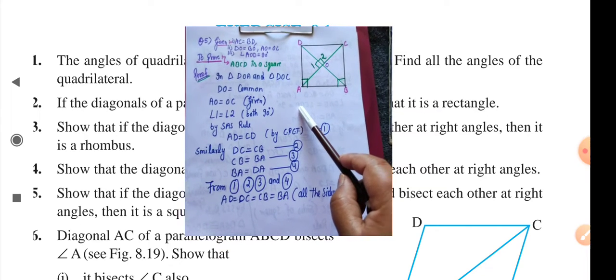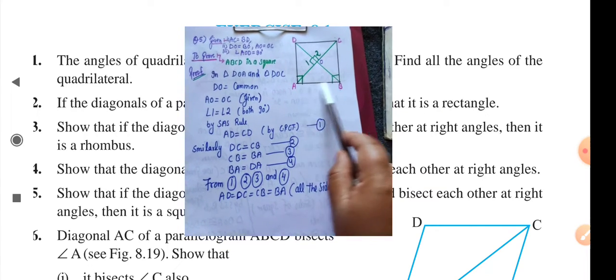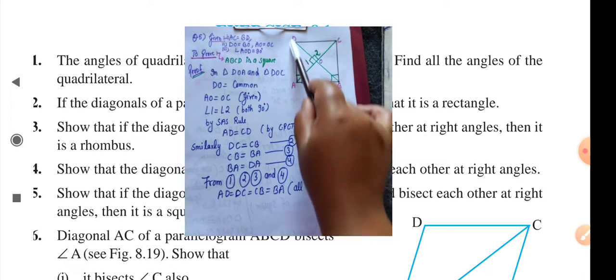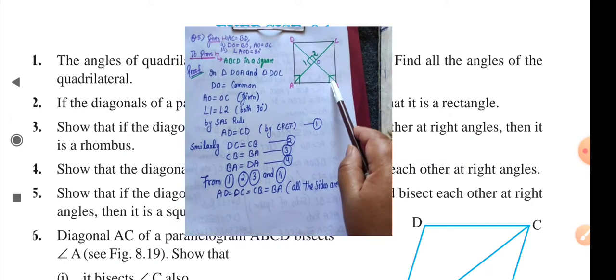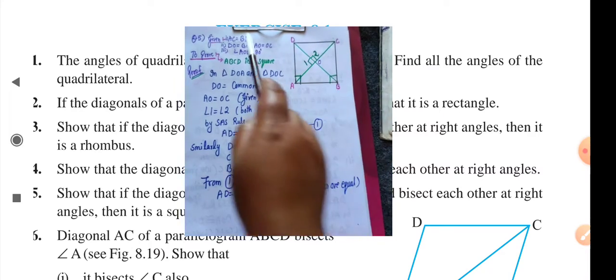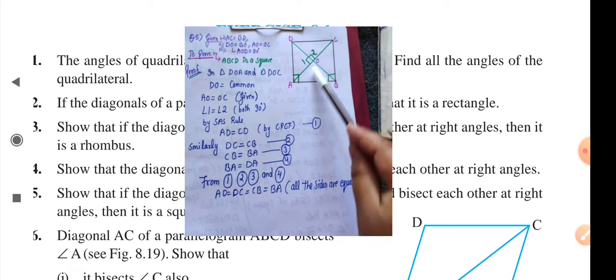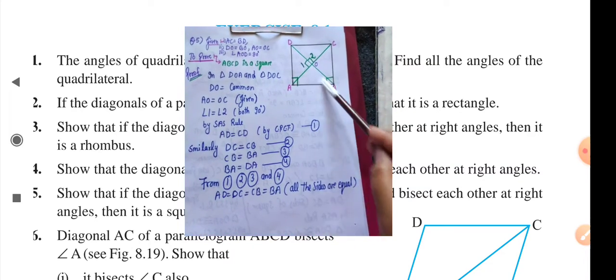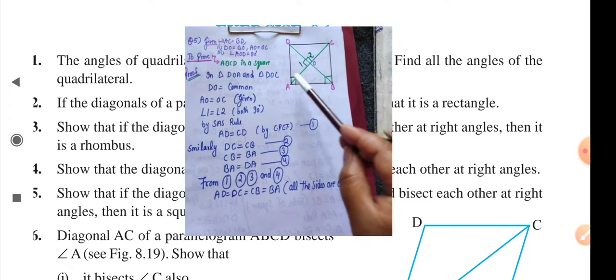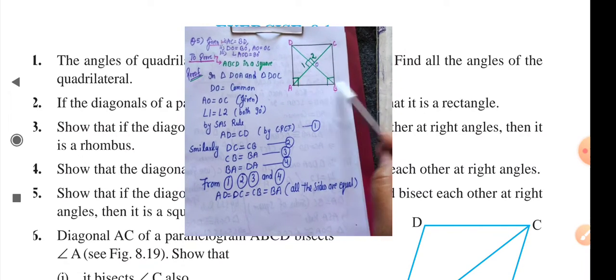How can we make these two triangles congruent? AB is common, AD is equal to CB, which we proved right now, and the diagonals are equal, as we have written here. So by SSS congruency, both the triangles are congruent. So by CPCT, these two angles will be equal.